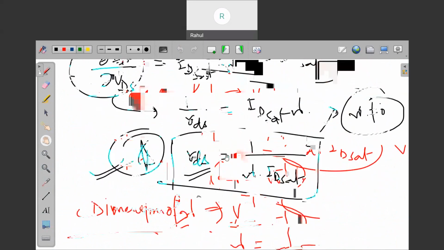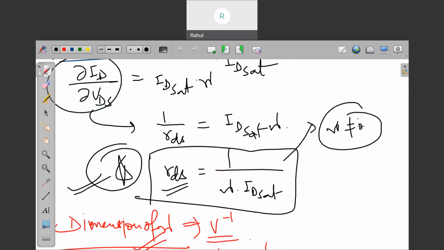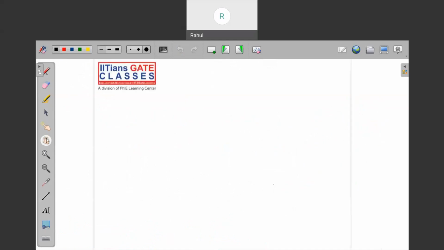If λ is not equal to zero, then RDS is finite; if λ is equal to zero, then RDS will be open circuited, right? So please keep this in mind.